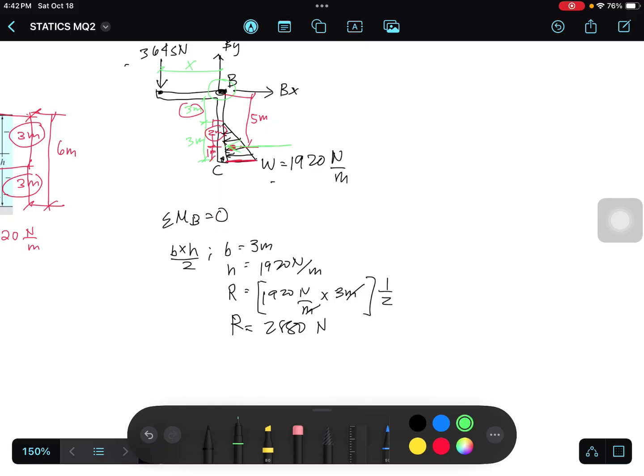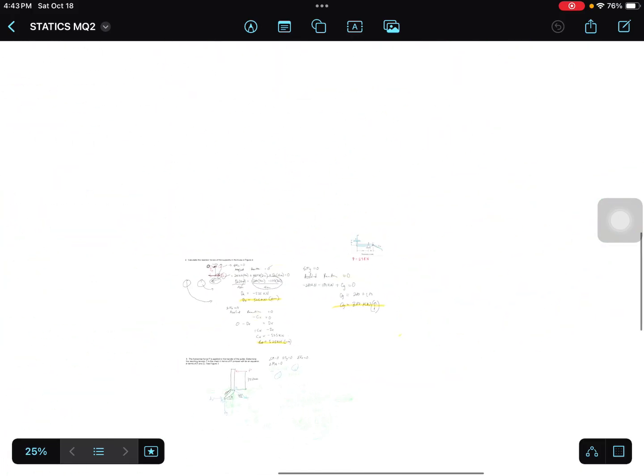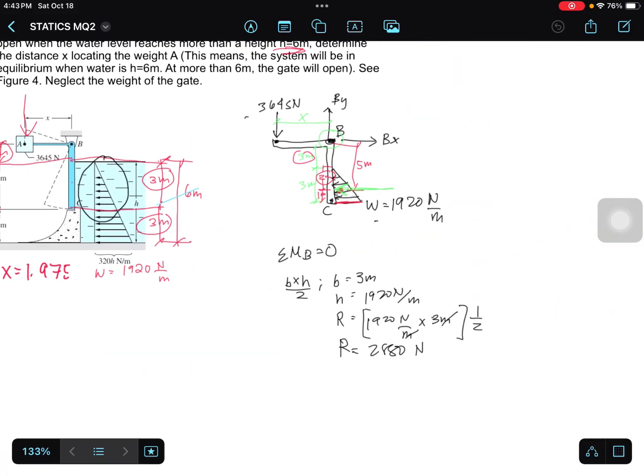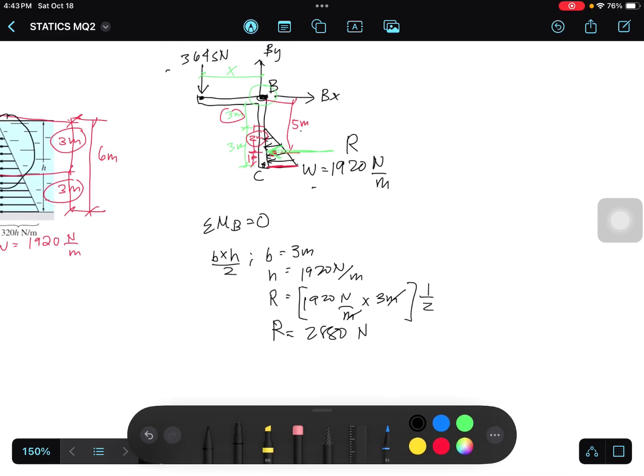So, nandito siya. This is the resultant ng triangular load. Okay? And then, 5 meters is the distance ng triangular load to point B. Okay. So, ayan. This is R and this is 5.